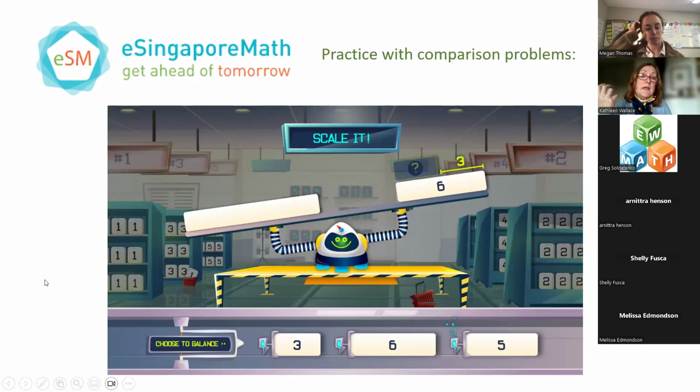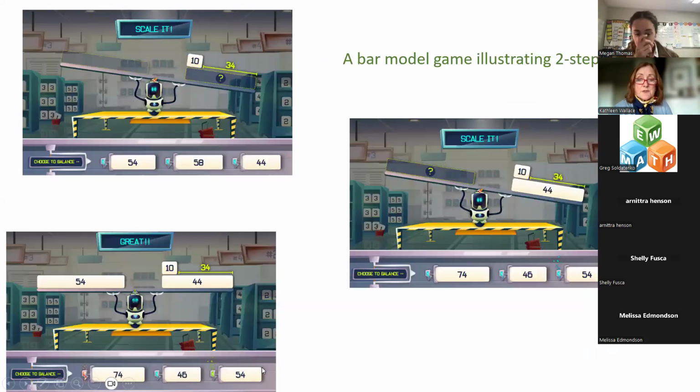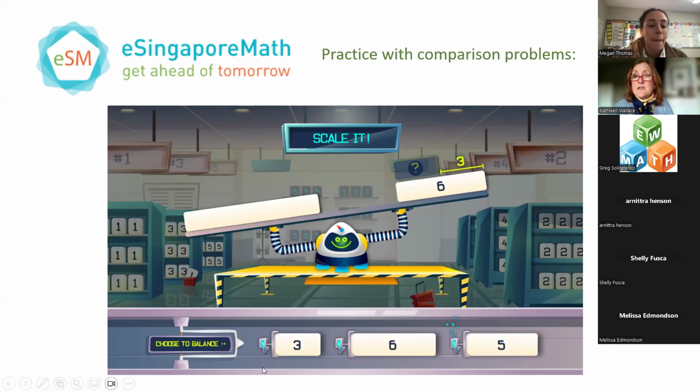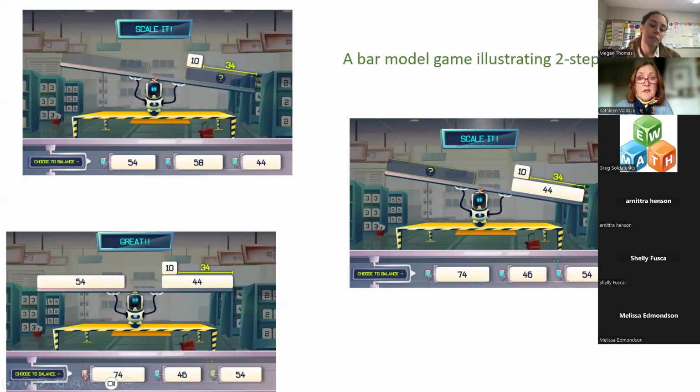Note how on the right side, there are 2 bars that need to be balanced. So we have to think first, this is a 2-step. So we have to figure out what goes in the question mark and then what goes in on the other side.